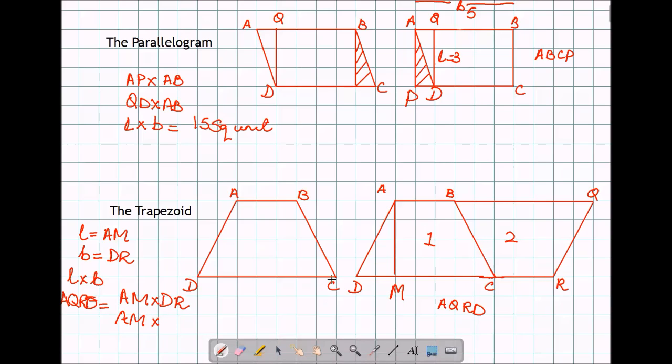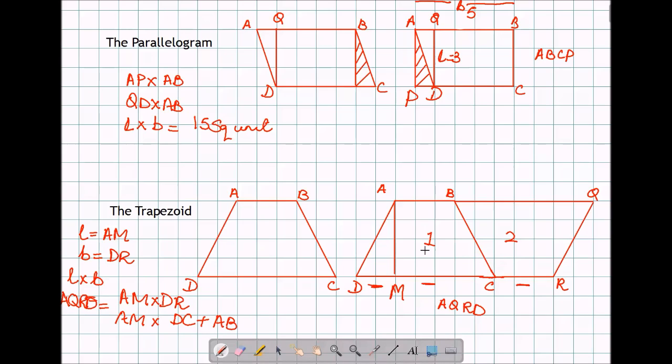What is DR? Can I say DR is DM plus MC plus CR? Or in other words, DC plus CR, where CR is equal to AB. So it is DC plus AB.